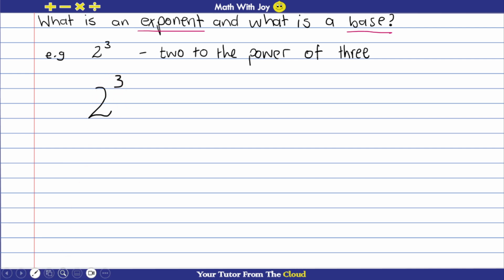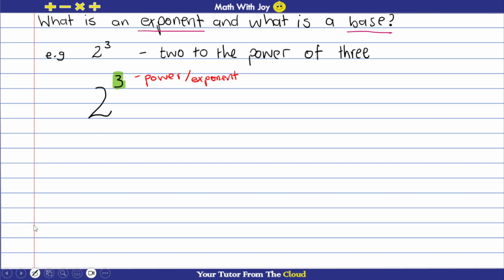I wrote it a bit bigger over there. So we know that the 3 in this case is the power. So let's write down it's the power, or you can just call this the exponent. 2 to the power of 3.